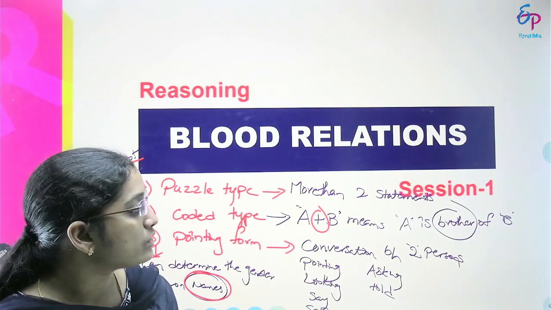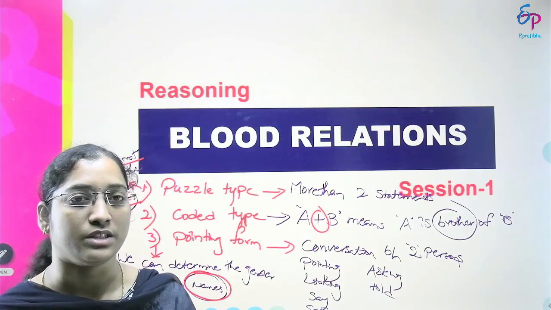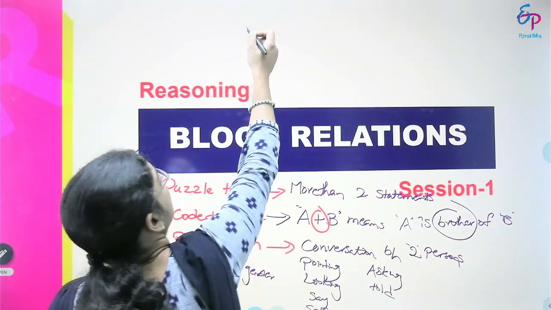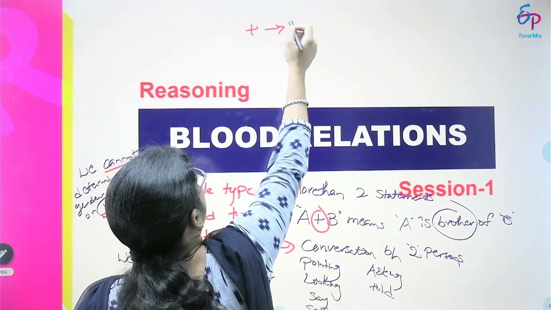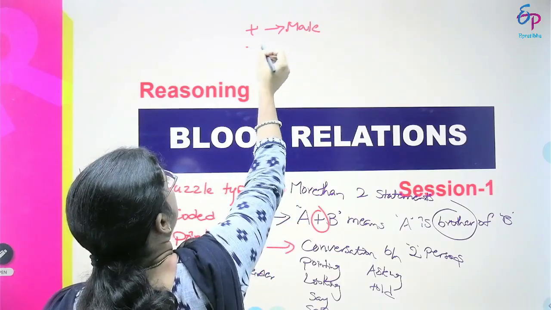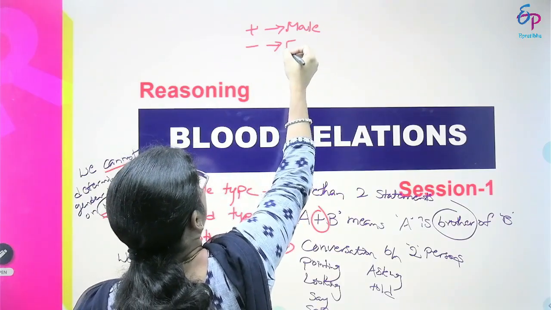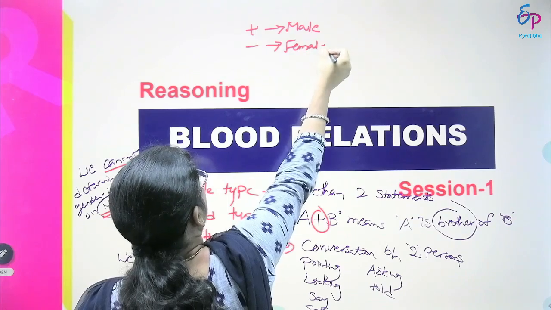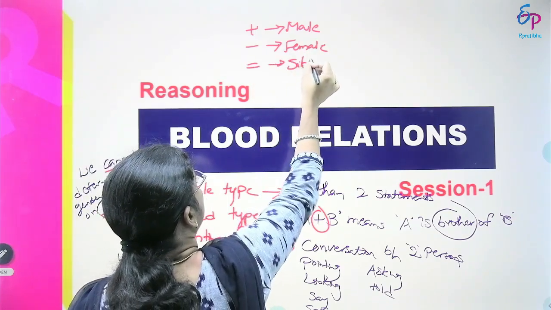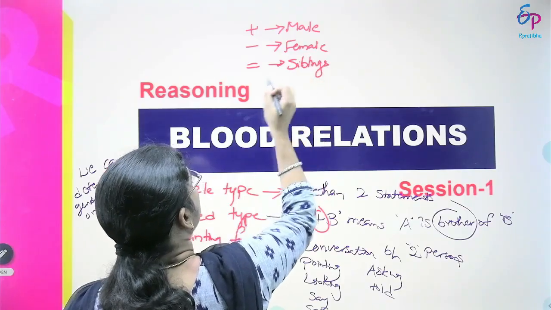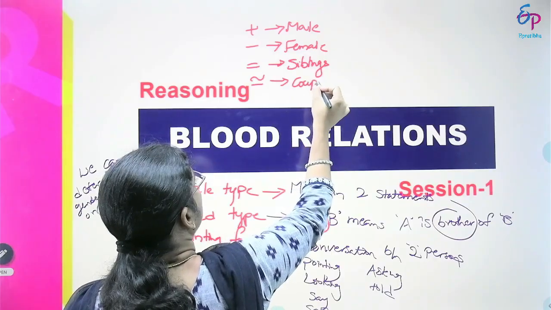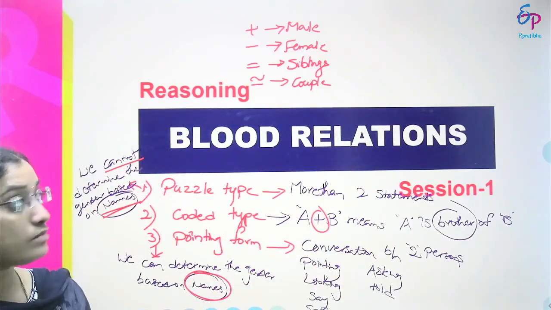Then which symbols are we using? We must know that. I am using the plus symbol for males, then the minus symbol for females. Then I am using the equal symbol for siblings, and then the equating symbol for couples.